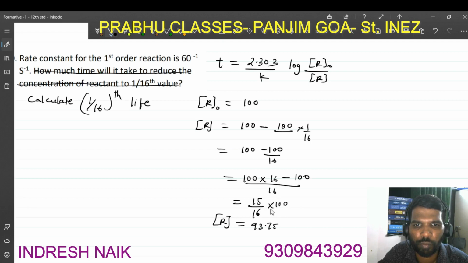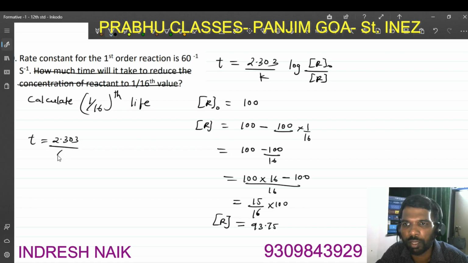We'll do it over here. We'll substitute the r value, whatever we got. 2.303 upon 60 into log of r0, which I'm taking to be 100, divided by 93.75.